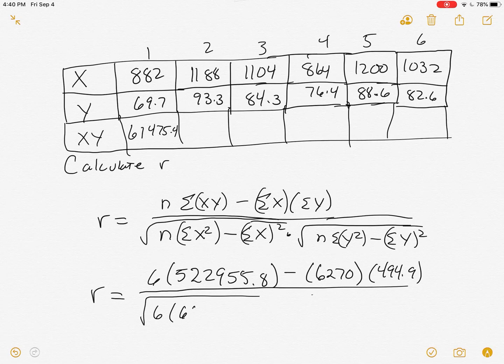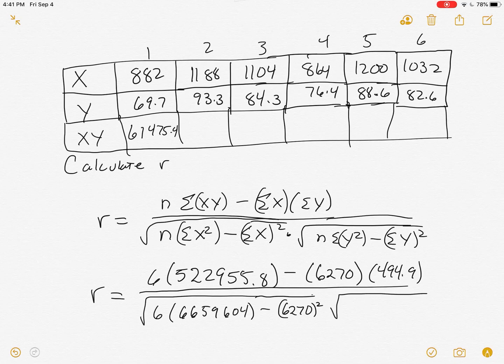So I got a huge number, 6659604, right? Minus sum of the x's we already have, that's the 6270, and we're going to square that.